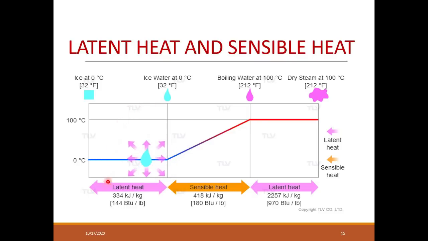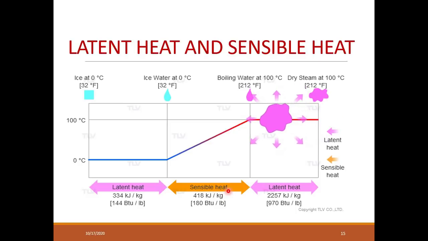The required energy is 80 calories per gram, or equivalent to 334 kilojoules per kilogram, equal to 144 BTU per pound. As the temperature increases from 0 degrees Celsius to 100 degrees Celsius, there is an increase in temperature, so that is what we call sensible heat.